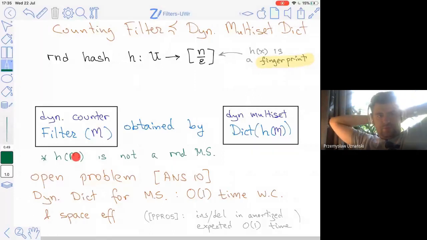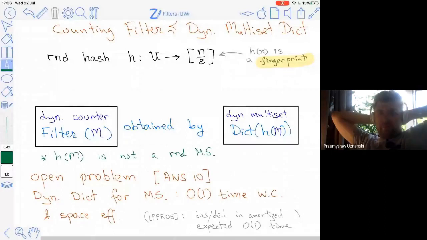For example, think of M as being a set in which the element 1 appears n times. Then clearly H of M is not a random multiset.